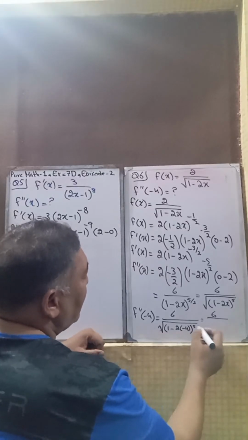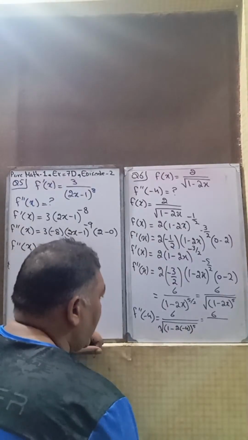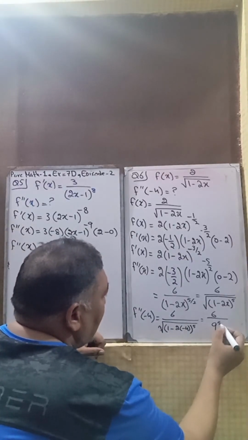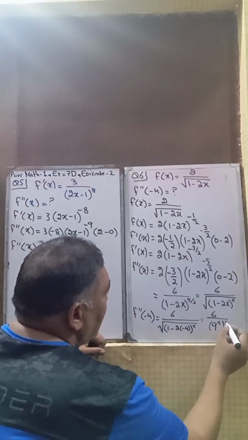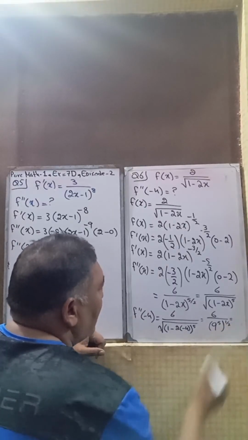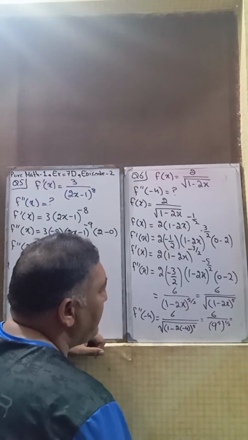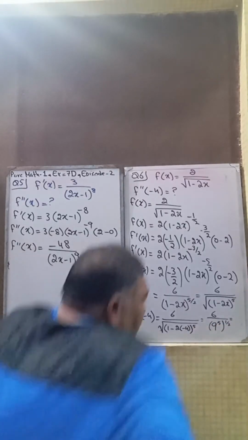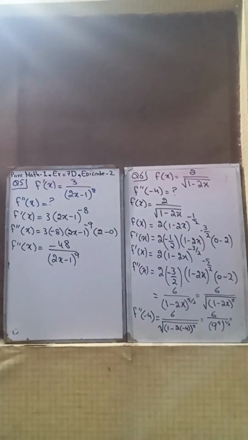And you will have 9 raised to power 5, raised to power 1 by 2. So what will that be? You can leave it like this also, or we can use the calculator and find the exact answer.